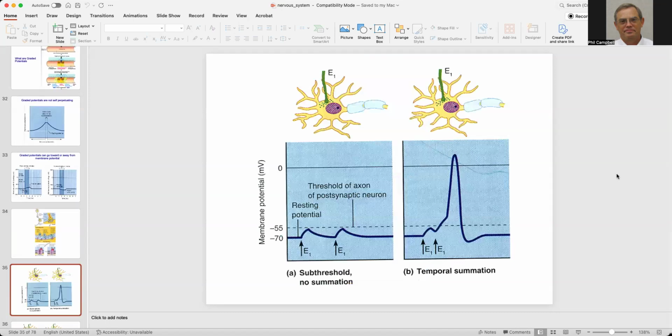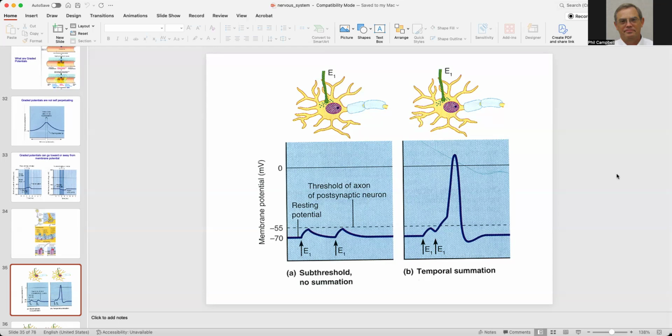Okay? Now, let's try to put some things together. You should now kind of realize graded potentials are initiated where? In the synapse. That means they are controlled by action potentials. We have our presynaptic and postsynaptic cells, right?